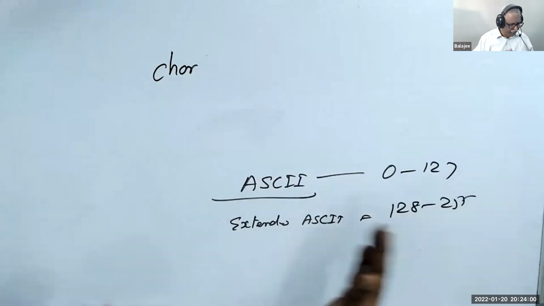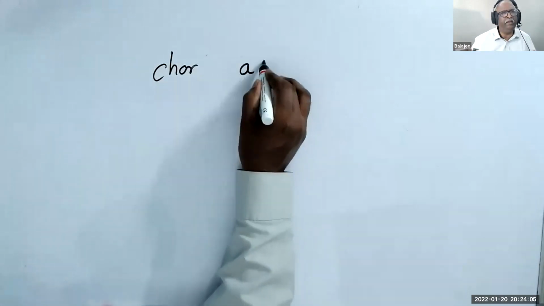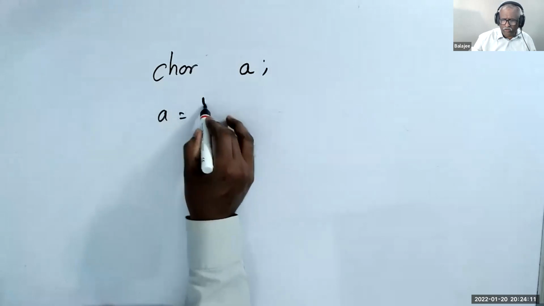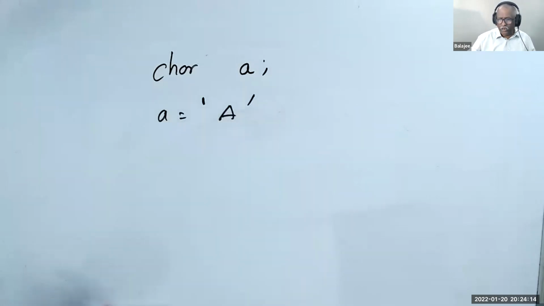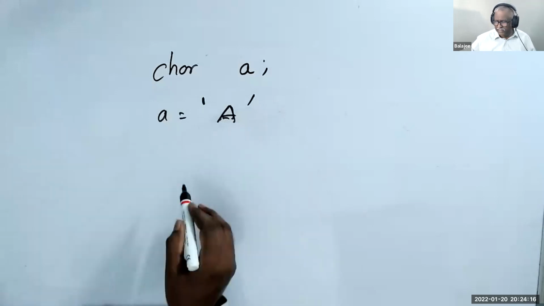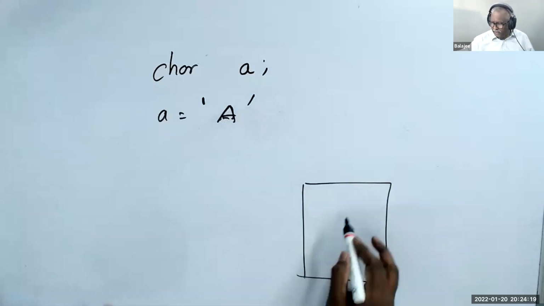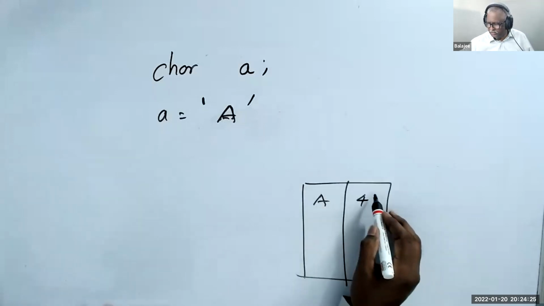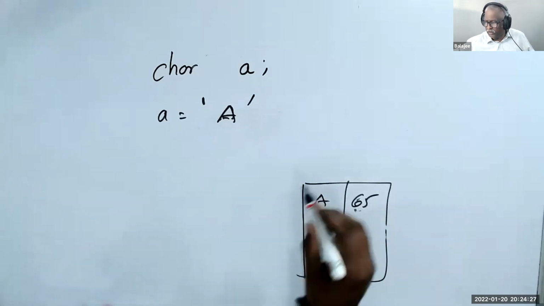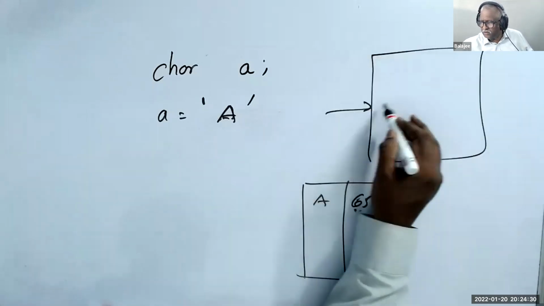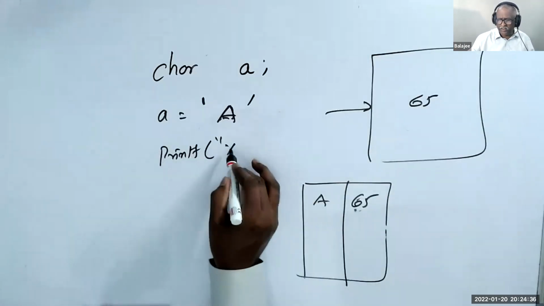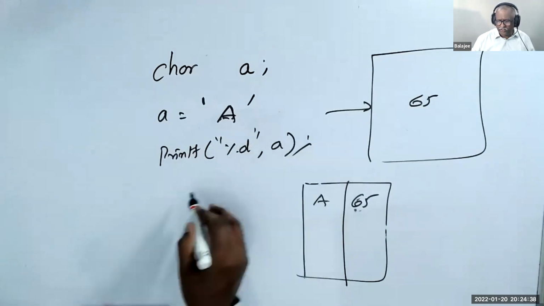So maximum 8 bits. That's why we always use char. So I can say char a, and a equal to, within quotes, A. Now this A is a symbol. It refers to the ASCII table. In the ASCII table for A, the value is 65. So what is stored in memory is 65. If you do print of %d, comma a, you get 65.